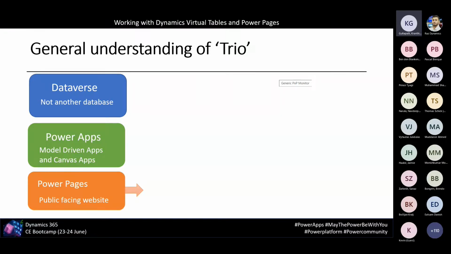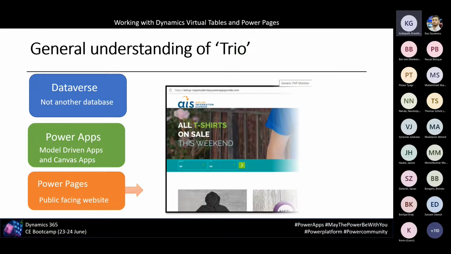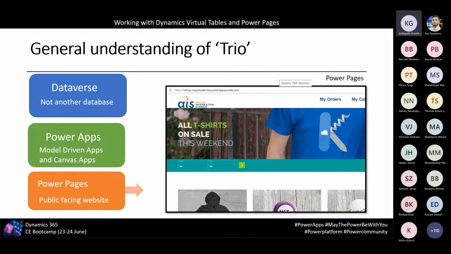And the last one is the Power Pages. It is like Power Apps portals. The model driven apps and Canvas apps are much more like internal websites for the organizations where employees log in and explore the data. But if we want to give the data in the Dataverse to a public facing website, then we switch over to Power Pages.